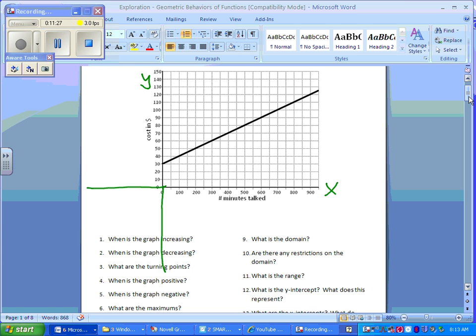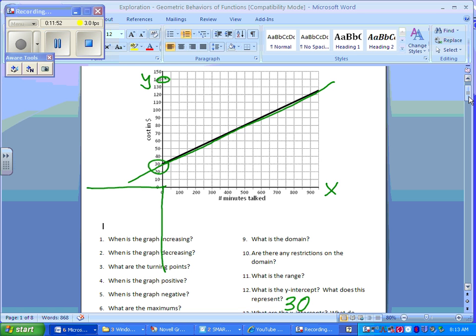Can you see it from there? Maybe you couldn't see that from back there. It crosses at 30. That's where the y-intercept is.